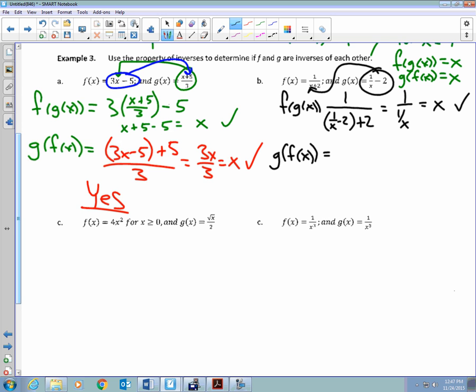I check the other way. 1 over 1 over x plus 2 minus 2. How do I do 1 over 1 over x plus 2? Again, multiply by the reciprocal, and you get x plus 2 minus 2 is x. So yes, they are inverses of each other.